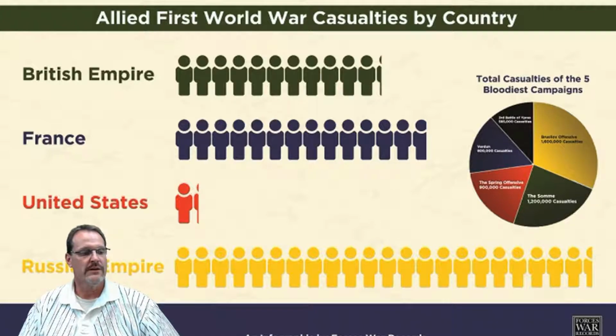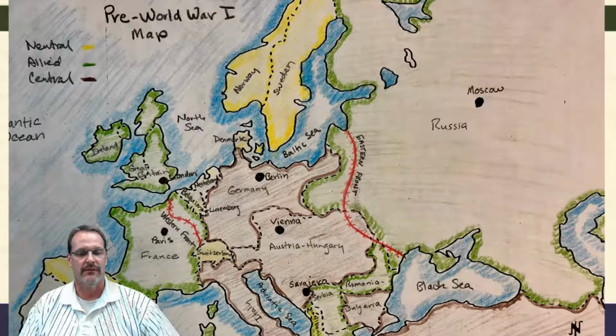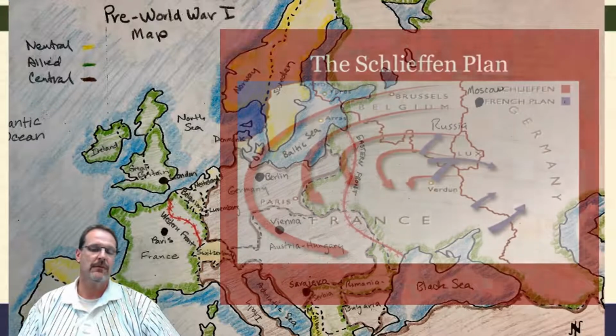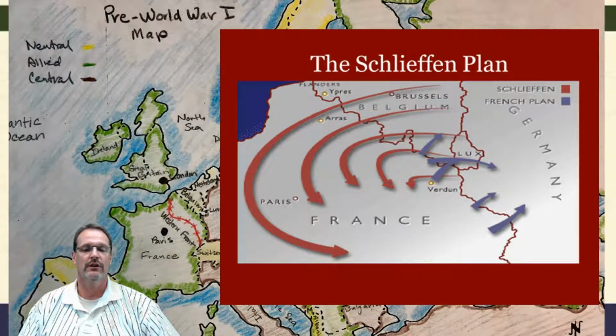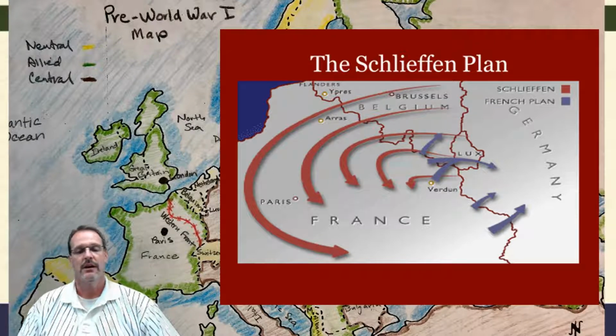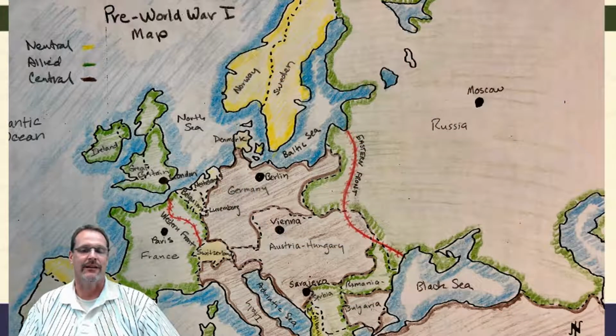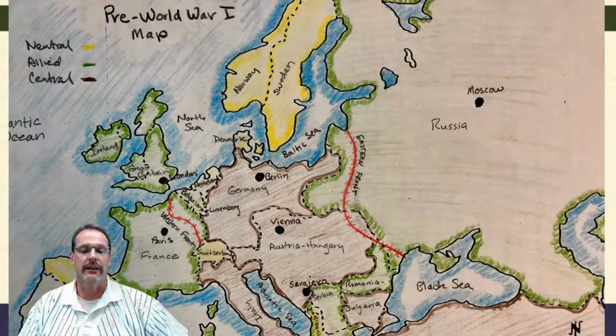Now, the war itself was becoming increasingly brutal because of the stalemate that occurs at the Western Front. I'm going to go back to the pre-war European map really quick because I have some important graphics there. So Germany takes it upon itself to attack France first, because it knew if it went to war with France and Russia, France would probably be the country it would need to take out the quickest, since the British would later show up.